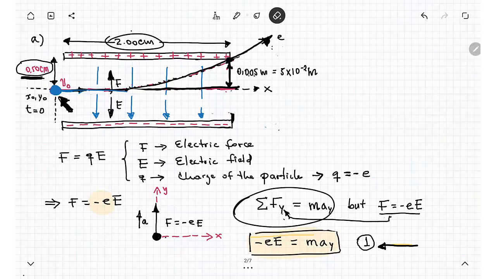But the proton would be something like this. Actually, the deflection is something like this, and this distance is the vertical displacement, okay?